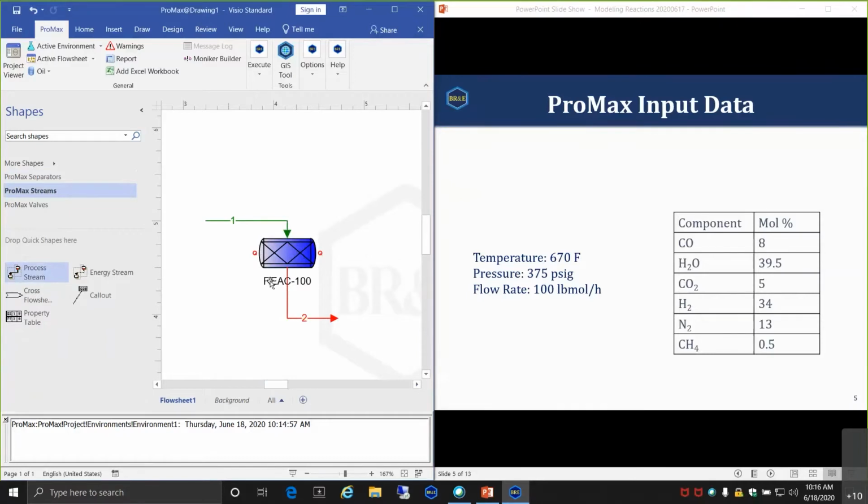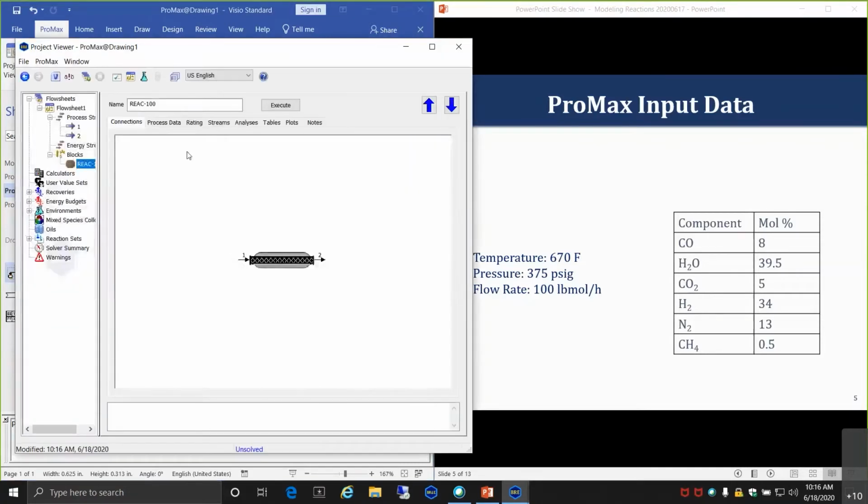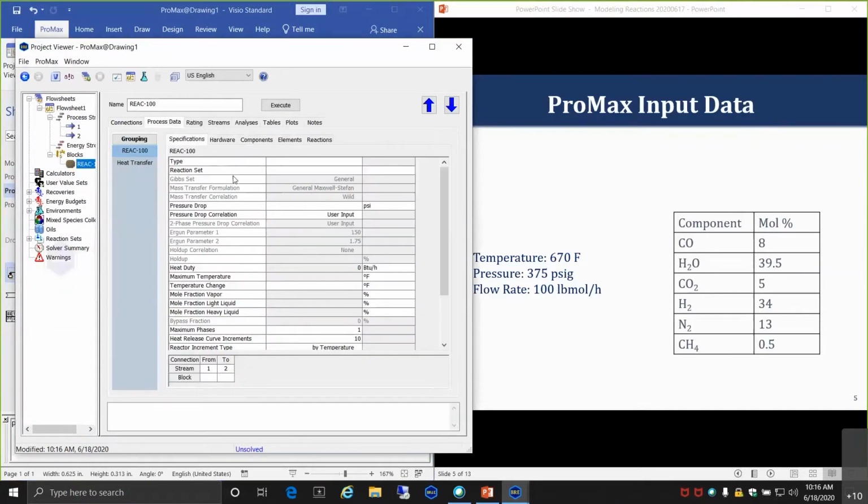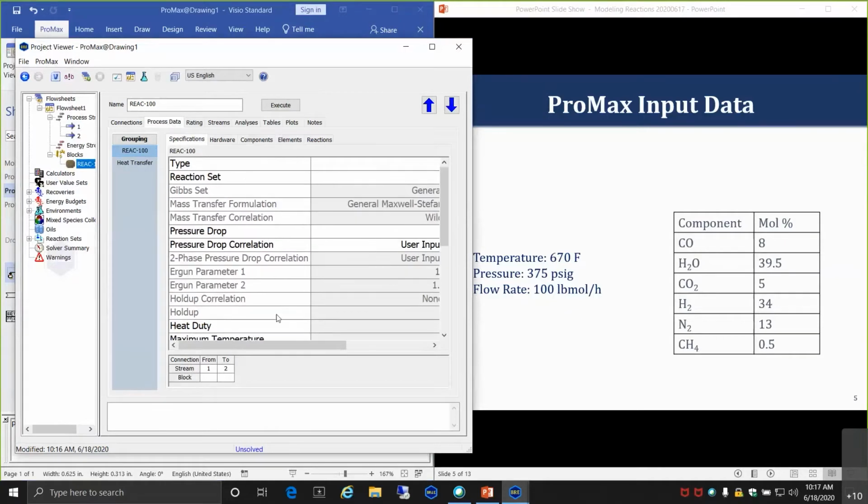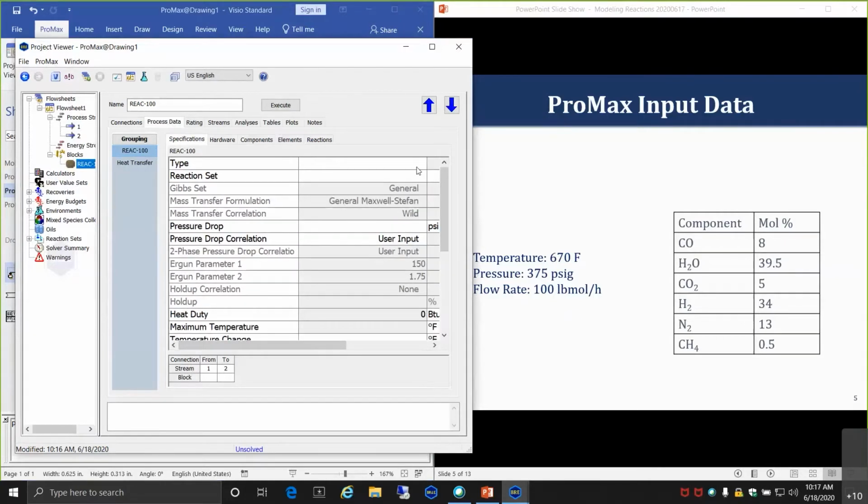Our inputs for the reactor, we had been told that we need to define the type. So we define our type here. And you'll see that there are conversion, equilibrium, Gibbs minimization, plug flow, with and without mass transfer, stirred tank with and without mass transfer.